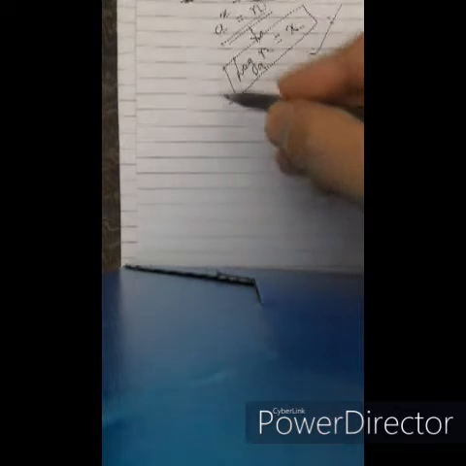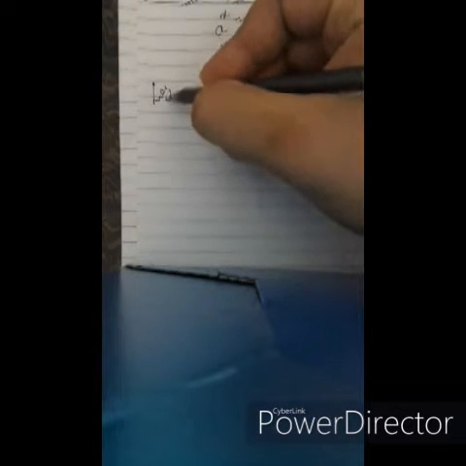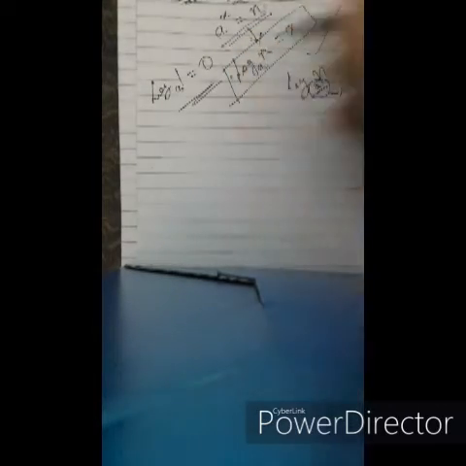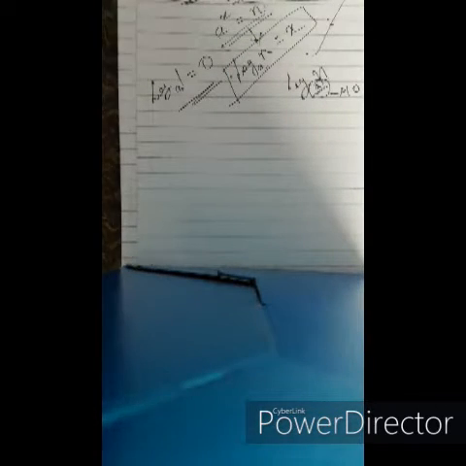And the logarithm of 1 to any base is 0. Log of 1, we have to remember, log of 1 to any base a equals 0. These things we have to remember.